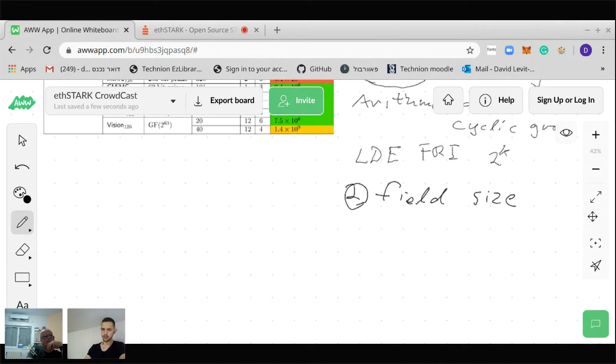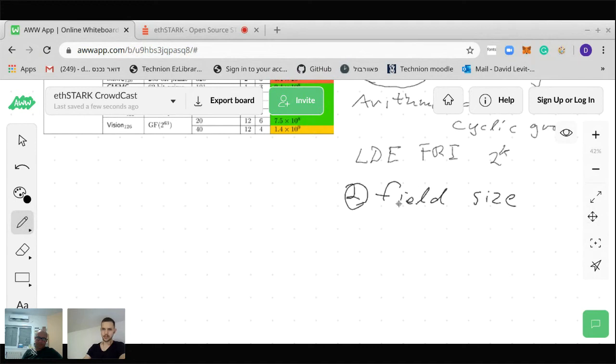So smaller fields have faster multiplication, which means that the prover time is almost linear in the time it takes to multiply two field elements.